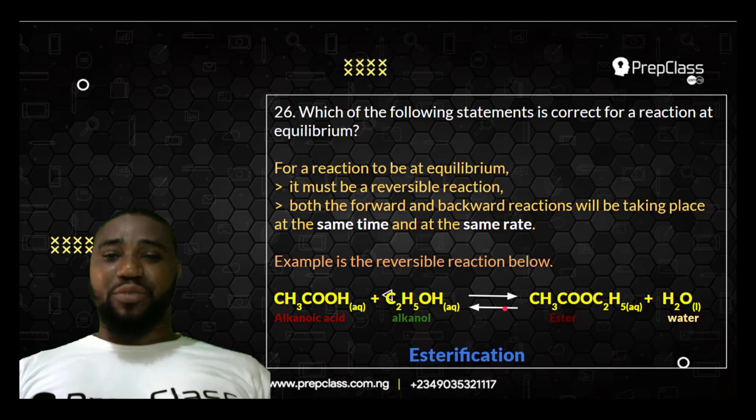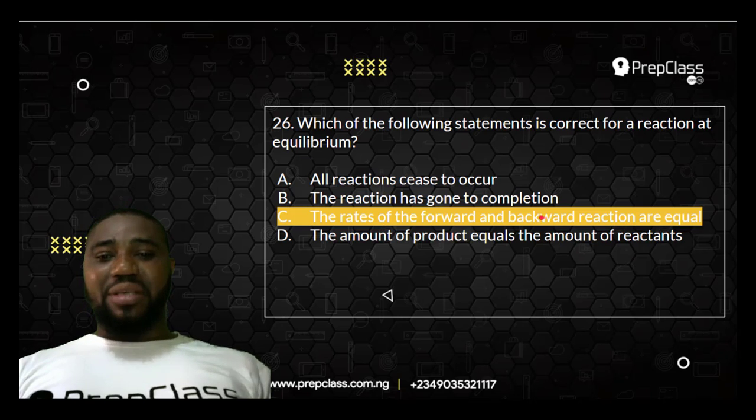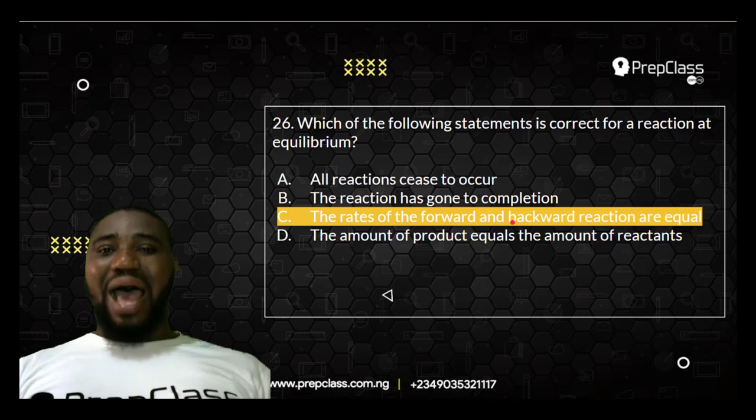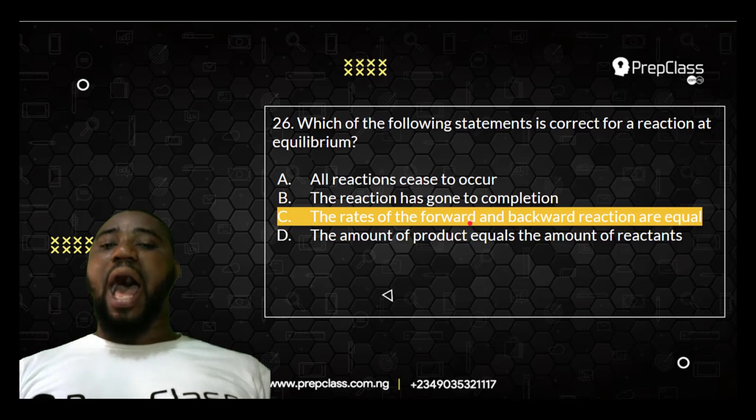It must be taking place at the same time and at the same rate. So that is why the correct option is that the rates of the forward and backward reactions are equal. That means they are occurring at the same time and at the same speed. So C is the correct answer. The rates of the forward and backward reactions are equal.